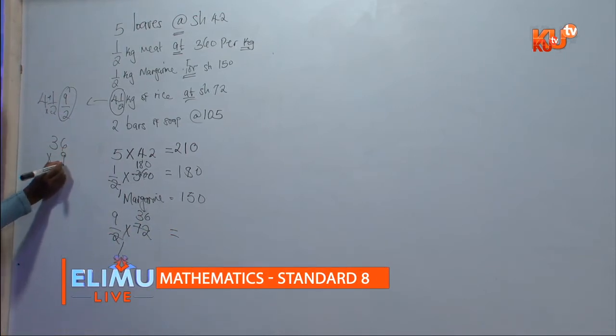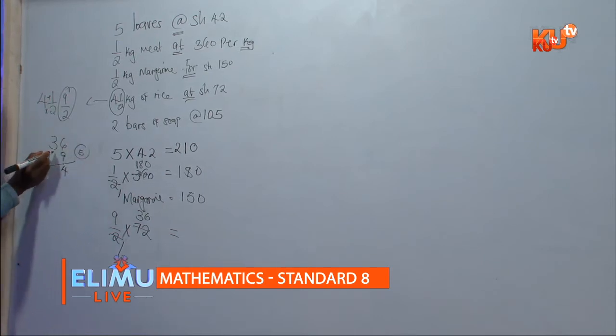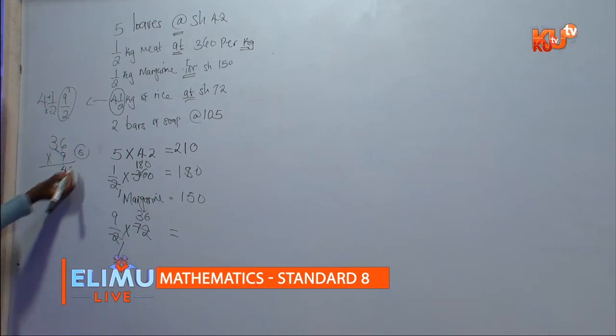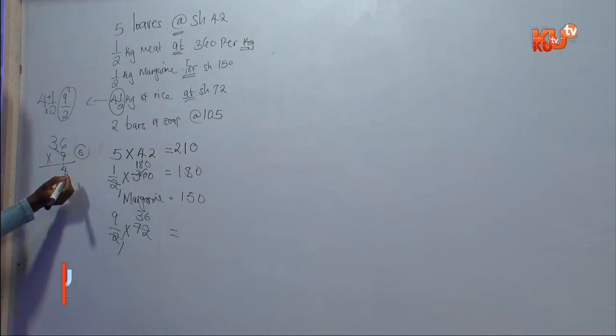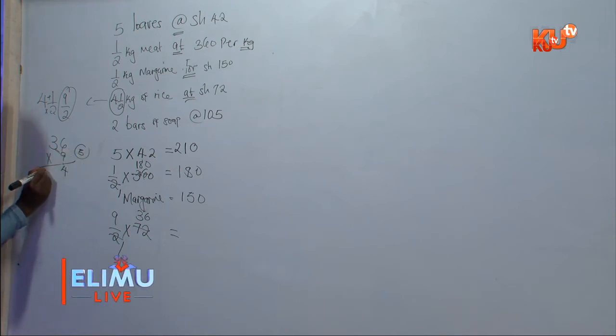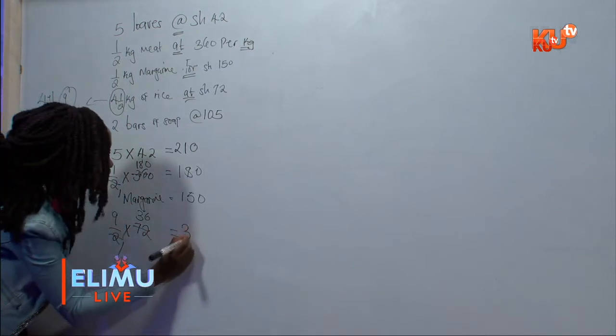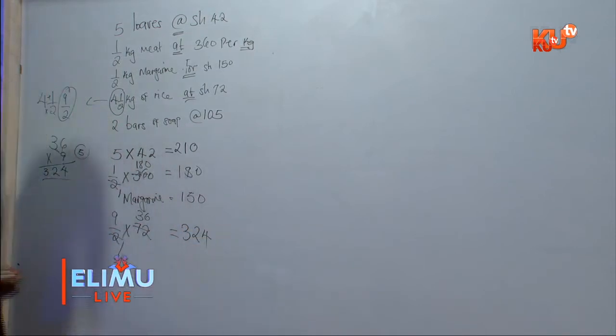36 times 9. 9 times 6 is 54. I write 4, I carry 5. Then 3 times 9, 27. 27 plus 5, I get 32. That gives 324.